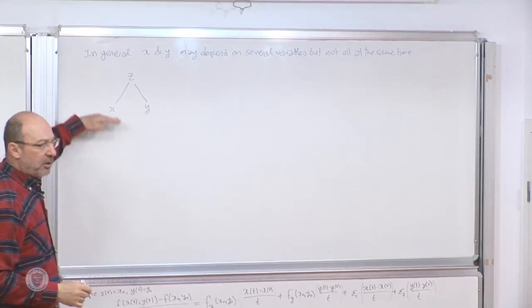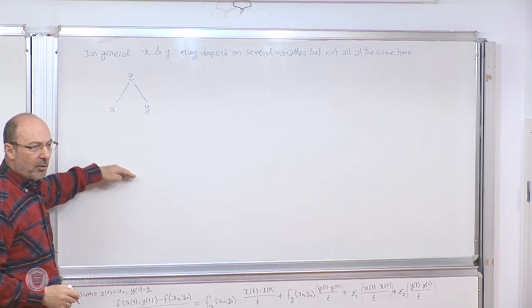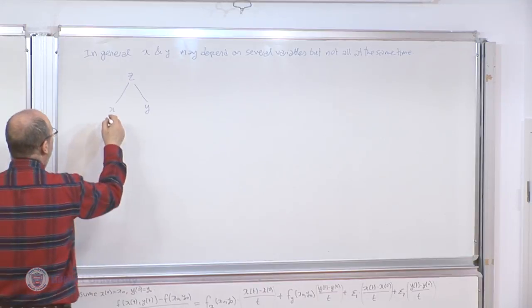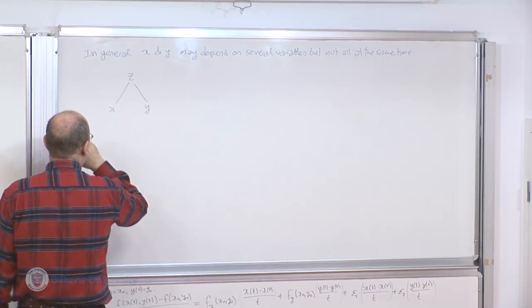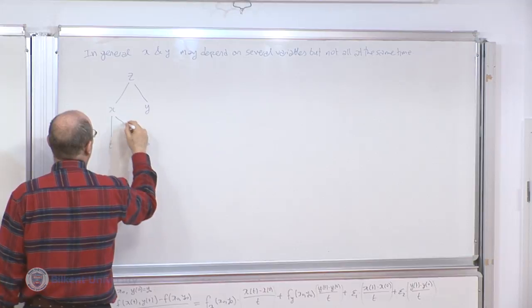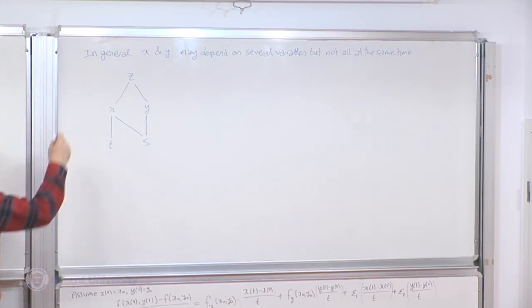In this notation, whatever you see here depends on all the things below if it is connected by a path like this. So x depends, say, on t and s. And suppose y depends only on s. So this is an example.